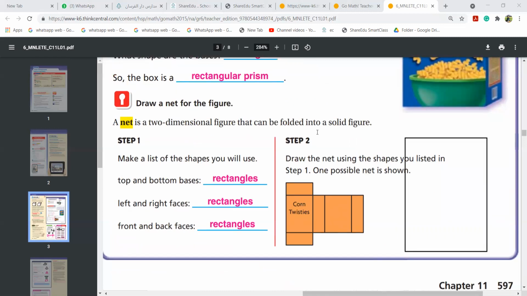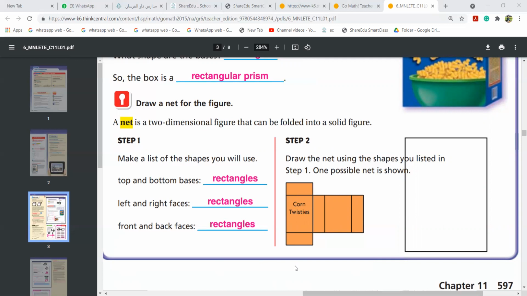A net is a two-dimensional figure that can be folded into a solid figure. Make a list of shapes. Top is rectangles, left and right rectangles, like they have opened the box. Sometimes you get cake boxes at your home and you open them from up and down. Do you know that? So what is there?